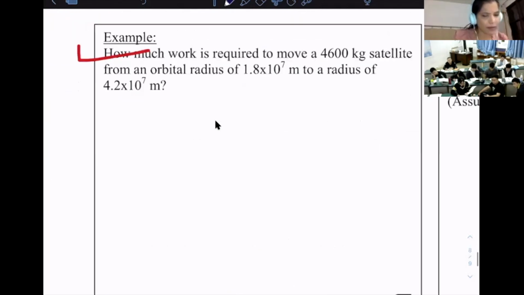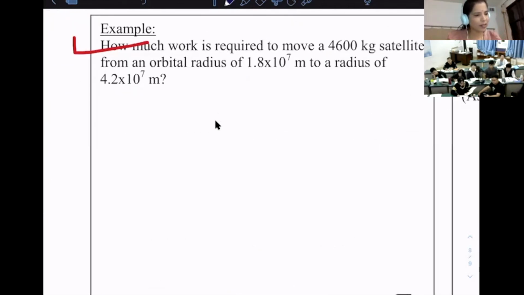Now go to this question, just below that question. How much work is required to move a 4,600 kg satellite from an orbital radius of this much meters to a radius of this much meters? So how do we begin this problem?